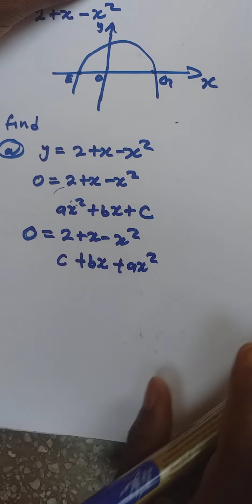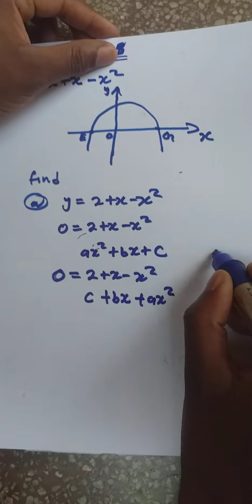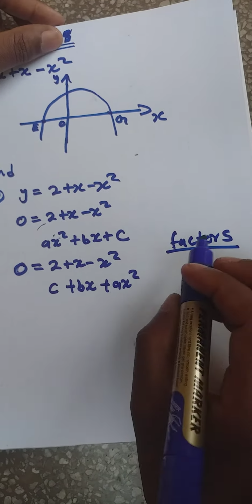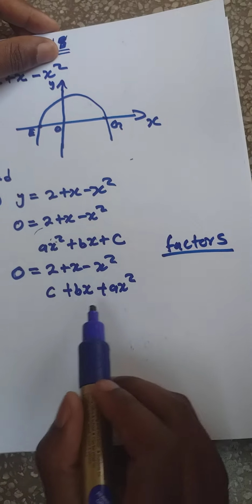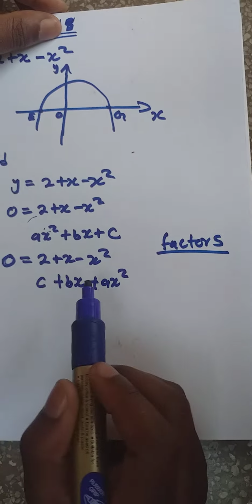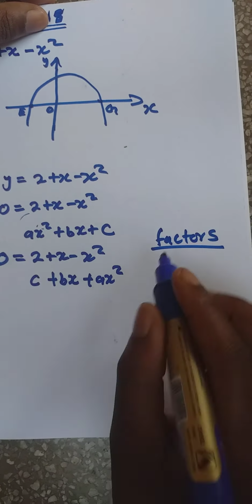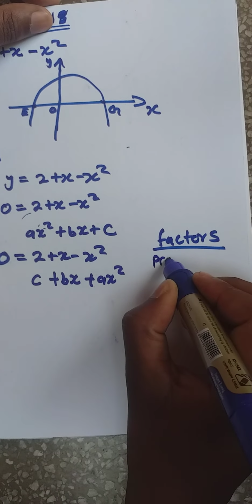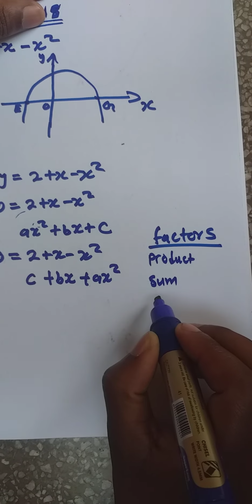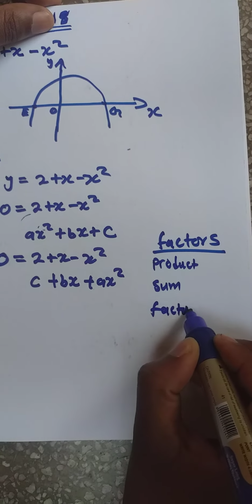So what you simply need to do here is to find what we call the factors. First of all, you need to know what the product is. What we do is you find the product, you find the sum, and you find the factors.